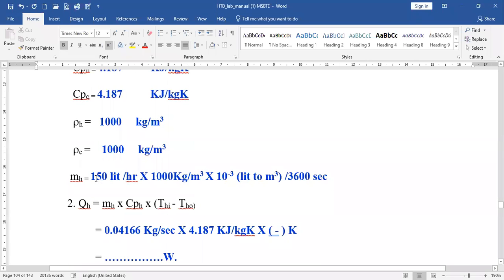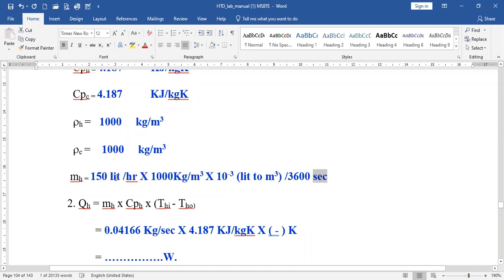Then the mass flow rate. We have to calculate this mass flow rate. Now we have set the volumetric flow rate as 150 LPH. We know the density of water is 1000 kg per meter cube, and we have to convert liters into meter cube. The rotameter reading is in terms of LPH, so the liter should be converted into meter cube, and the hour should be converted into seconds.